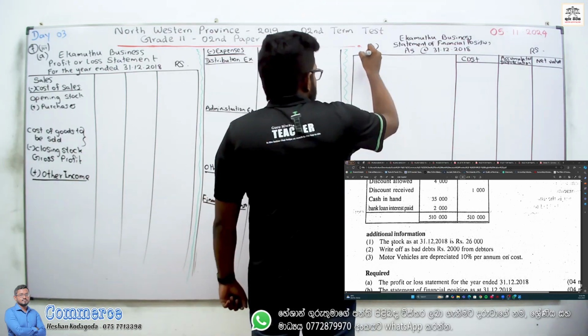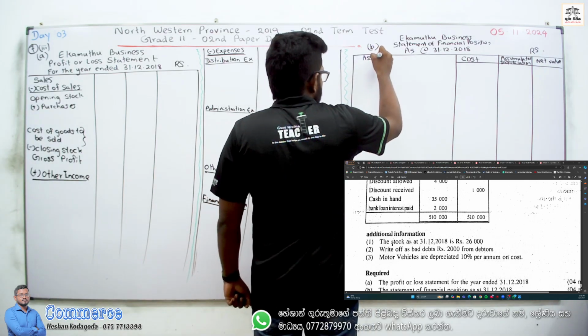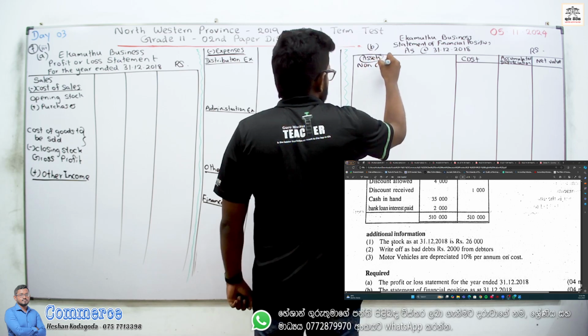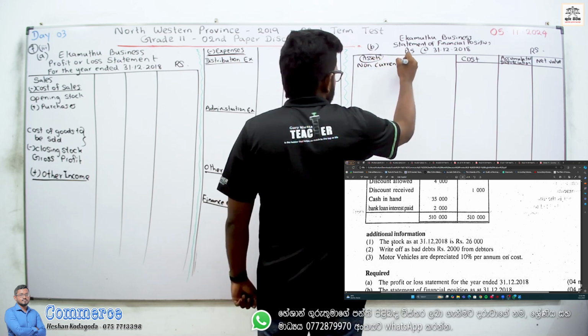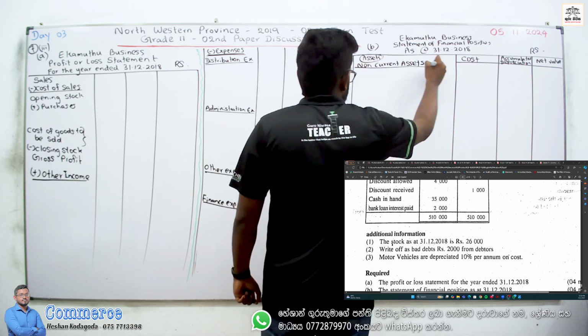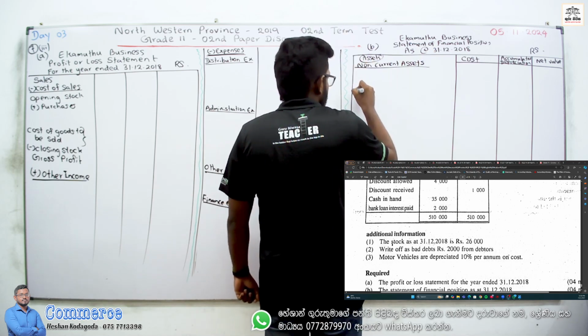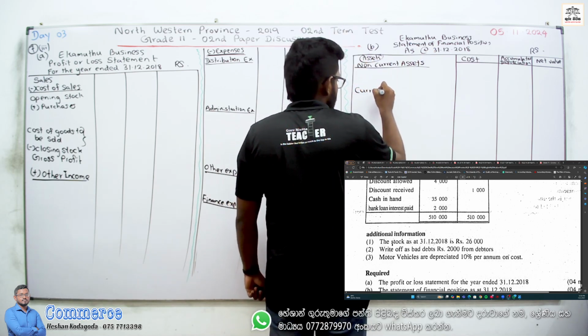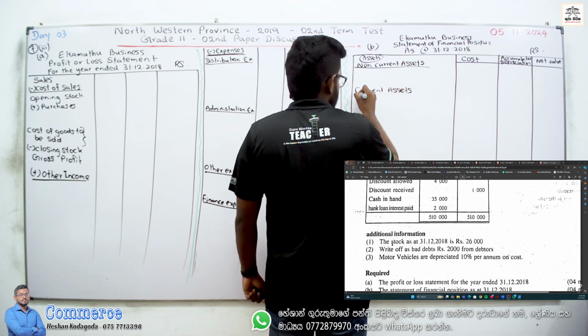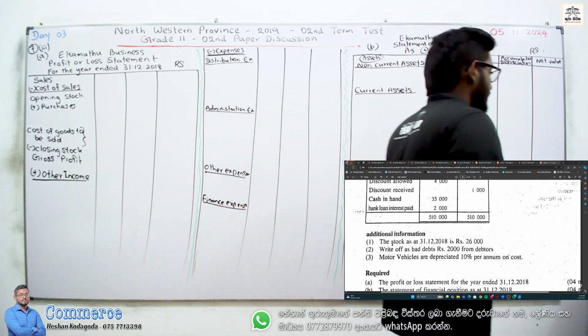First, we are writing assets. Under that, non-current assets, keep 4 or 5 lines. Then the current assets.